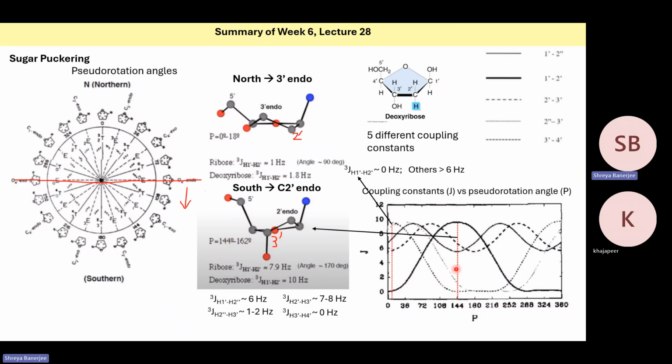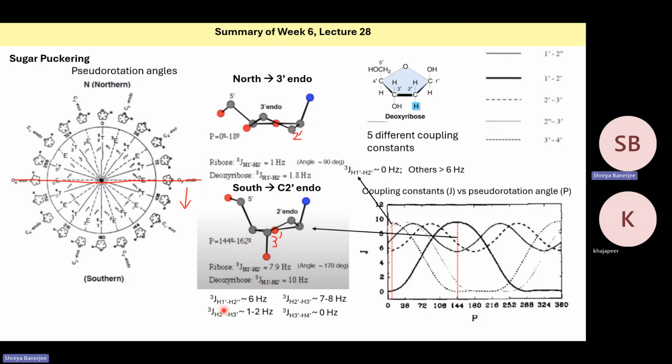At 144 degrees, we have drawn this kind of a normal. Wherever this normal cuts these graphs is the value of J that you will have. If you find the value of J like this, you will find that J 1 prime 2 prime, which is this curve, comes to around 10 hertz.